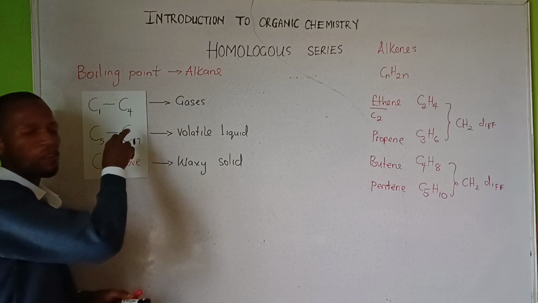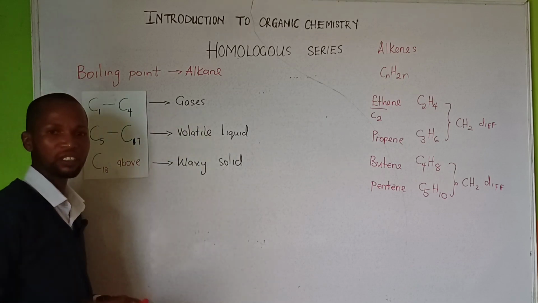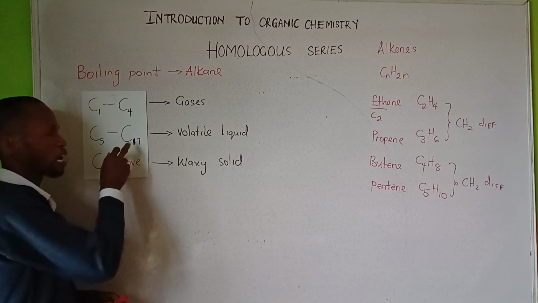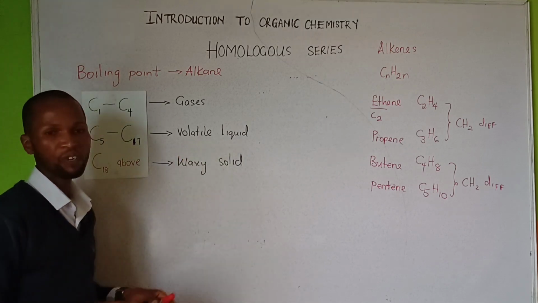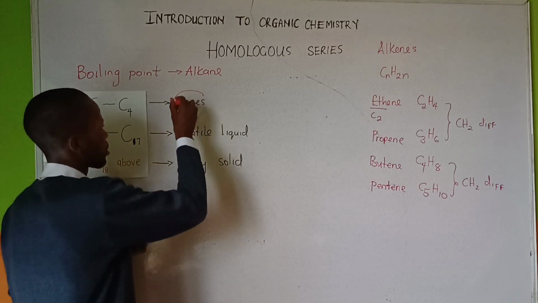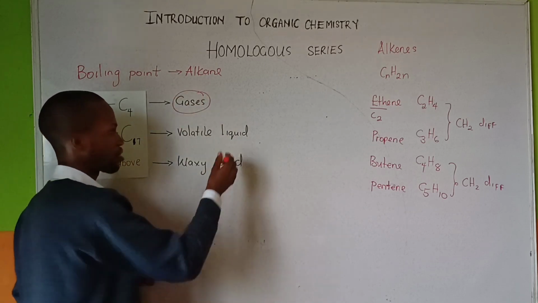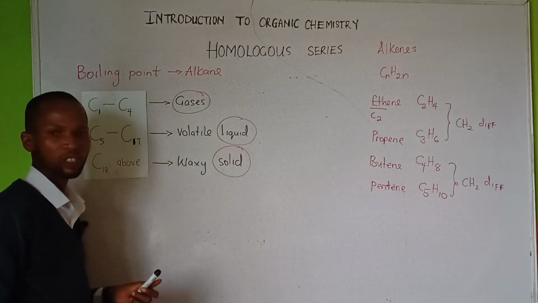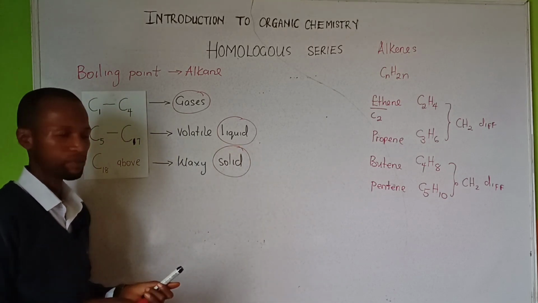Carbon 1 to carbon 4, they are gases at room temperature. Alkane, carbon 5 to carbon 17, they are volatile liquids. So here we have gaseous states, liquid states, and we have the solid states of the alkane.